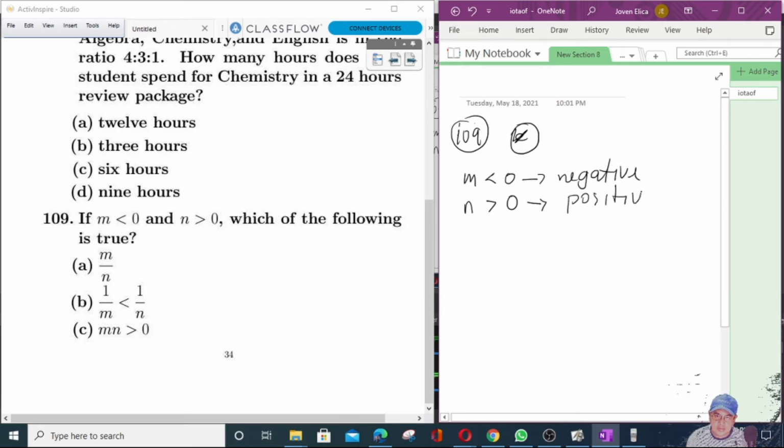So this is just an analysis. We need to analyze these two conditions. Which of the following is true? Given the condition, we are asked which of the following choices are true.